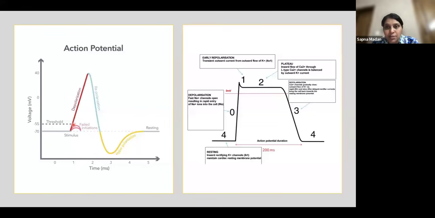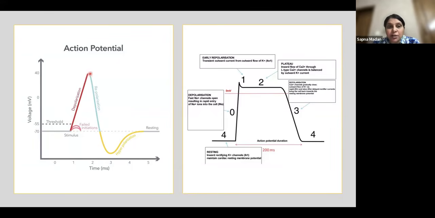But once it reaches minus 55, this is the point of all or none. An action potential is all or none. Either it will go or it will not go. If it reaches minus 55, the voltage gated sodium channels I told you about will open up, a lot of sodium will come in, so this depolarization is due to massive sodium influx.